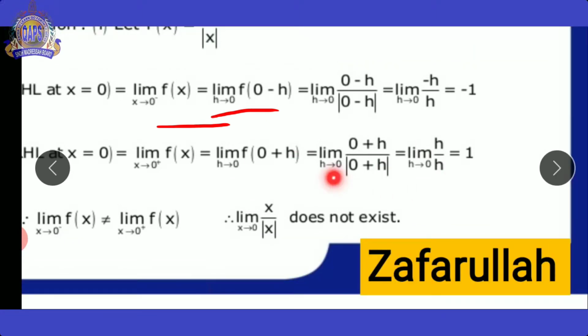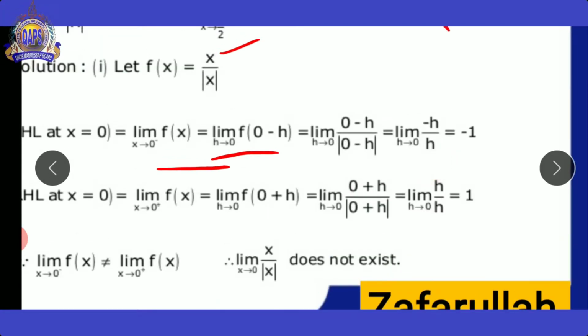So the limit as h tends to 0 of 0 plus h upon 0 plus h: we put 0 plus h in the place of x, and in the modulus also 0 plus h.